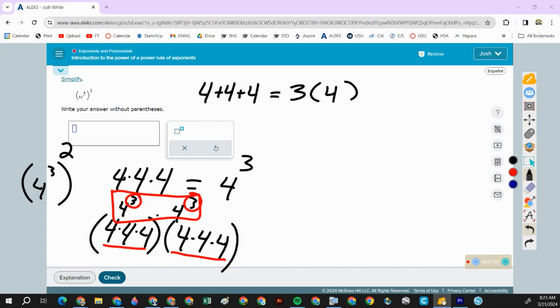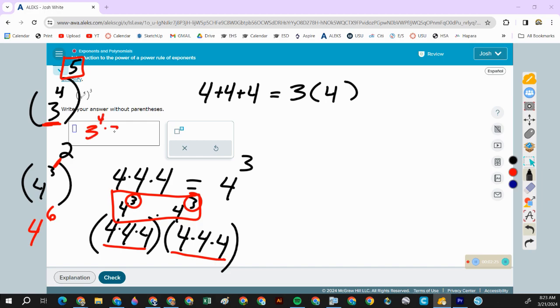So if we look at it in this form, how does the 2 affect the 3? We use multiplication, 4 to the 6th. So if you have a base to a power, and all of that is raised to a power, essentially we're saying we have 5 copies of this.